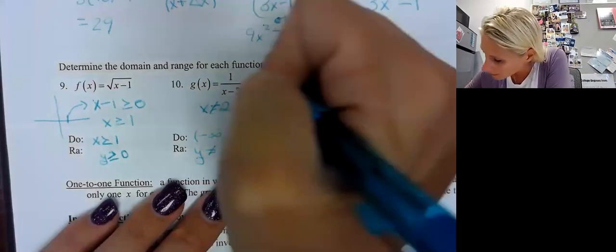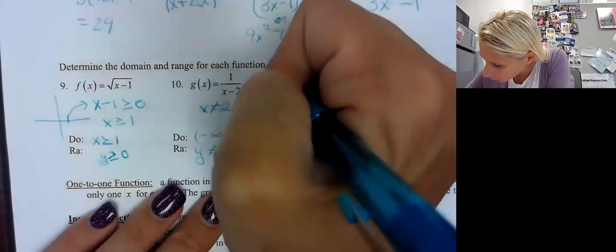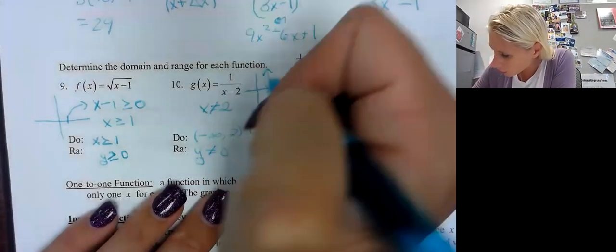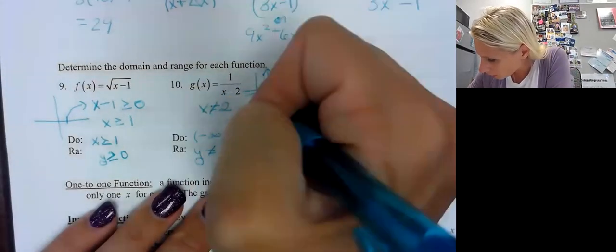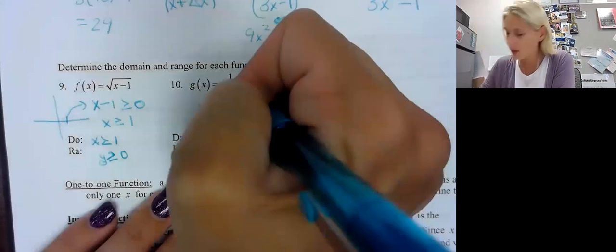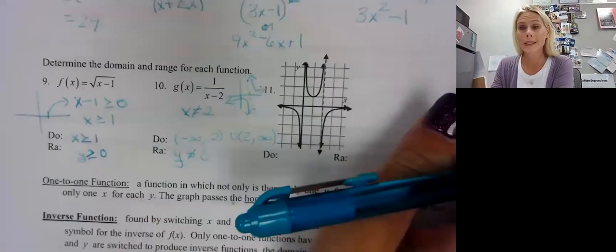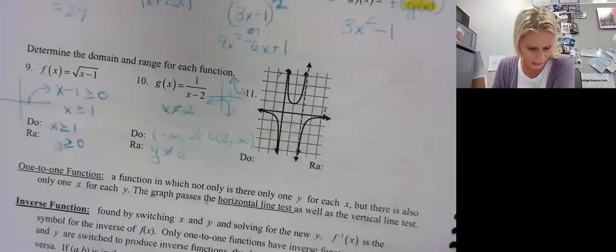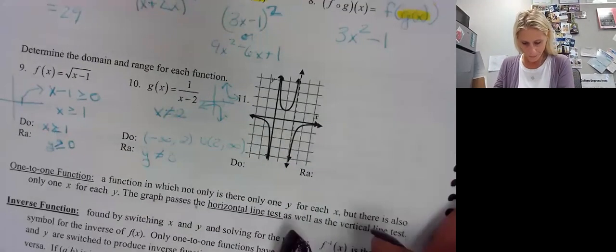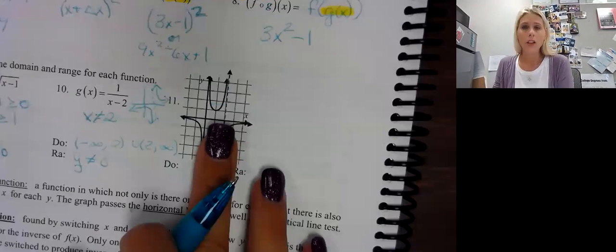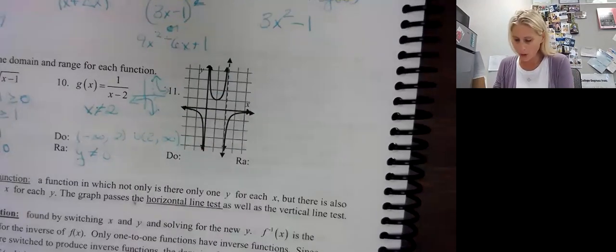And then what happens is our graph does our little curves, but it never crosses the y-axis, or x-axis, sorry. Okay. Graphing is so much easier, right?